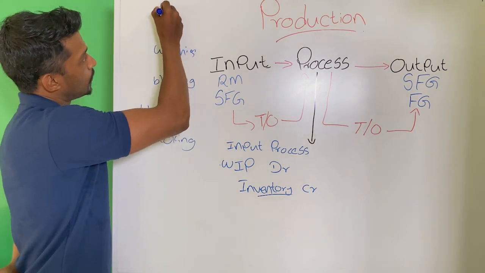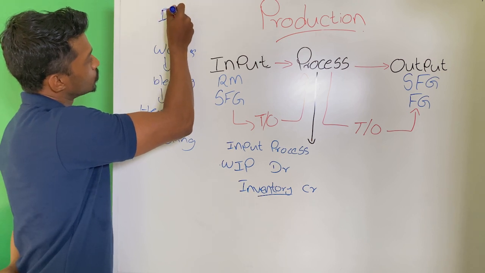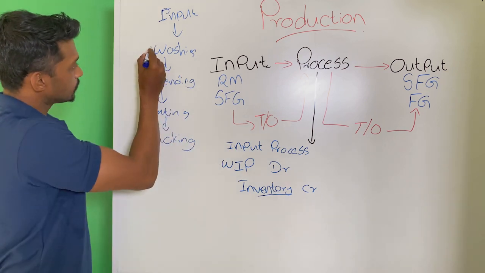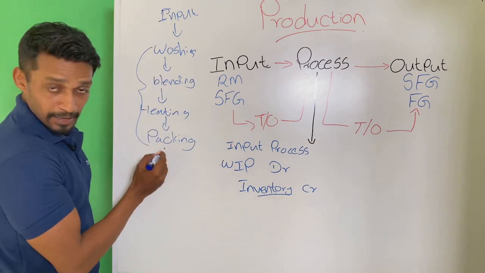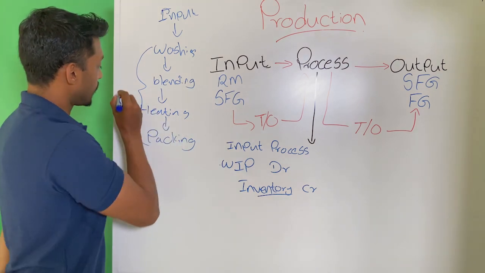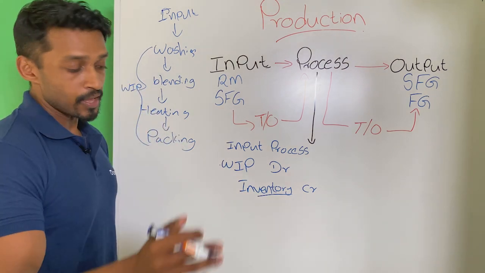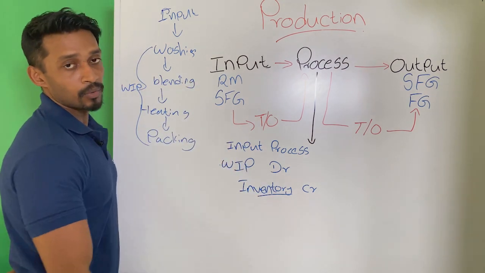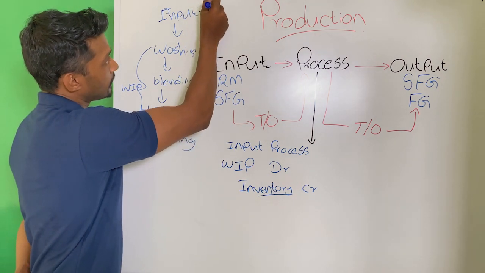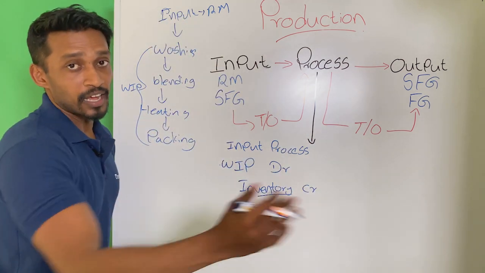Once you put it in as the input, through these processes until you finish the packing process, your raw materials are in the work in progress stage. That's why we are debiting the WIP account, because this raw material is not raw material anymore after you start the process.